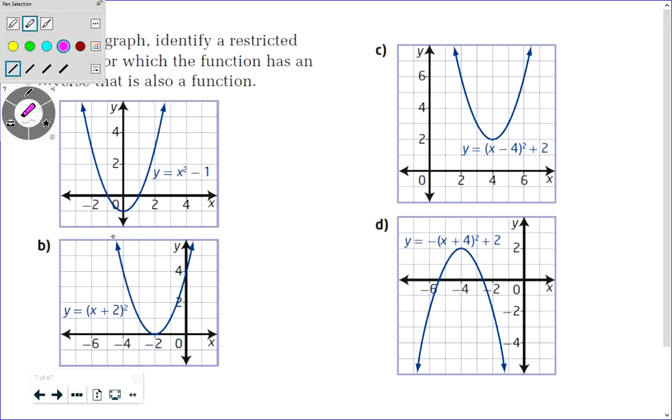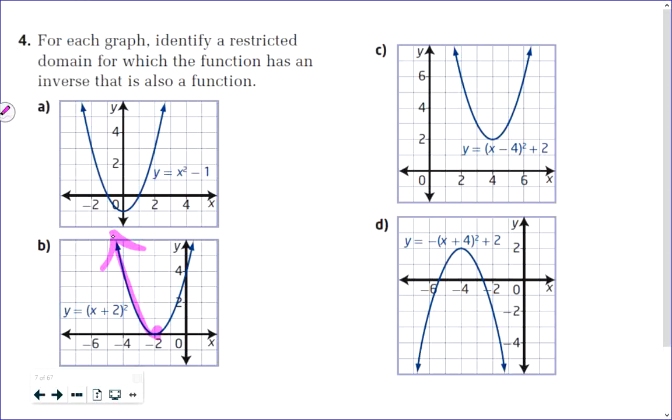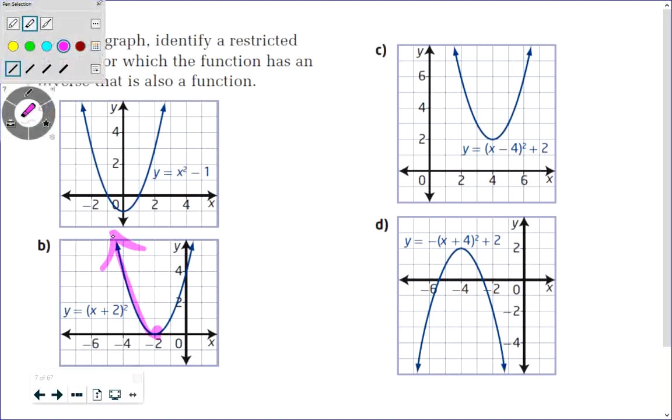So what we can do is focus our attention on that side of the parabola. If I could ignore the side I didn't highlight, then the inverse of what I did highlight would be a function. Or I could ignore the left side and only focus on the right side.